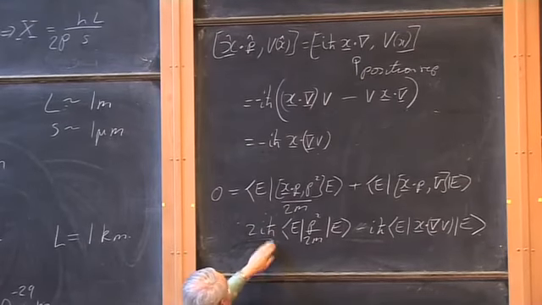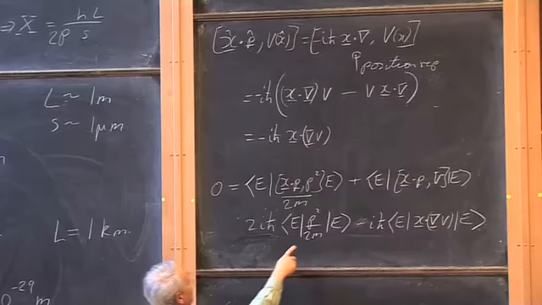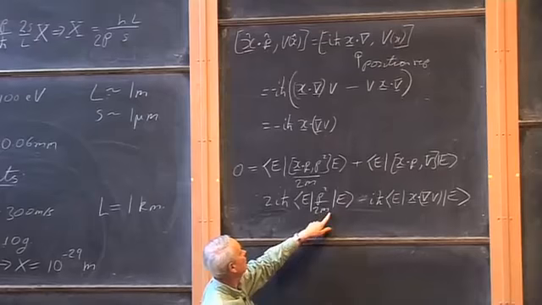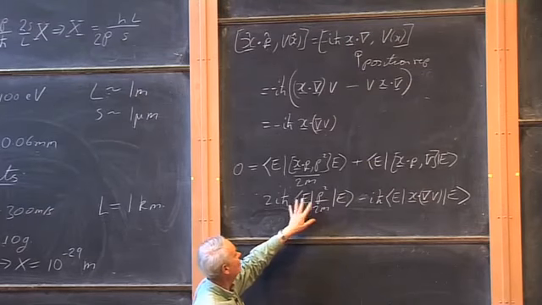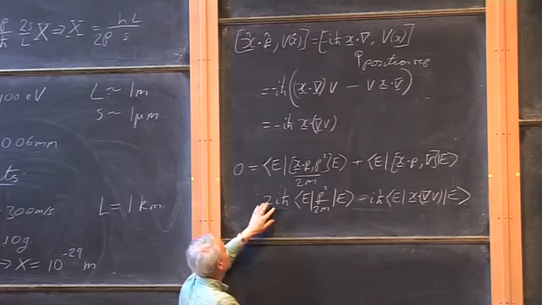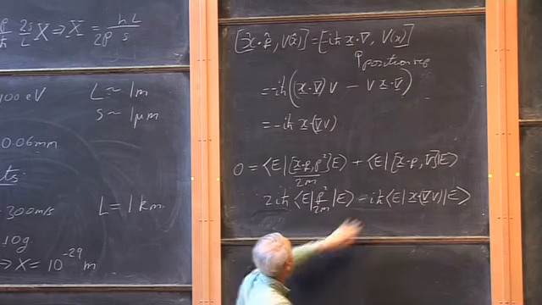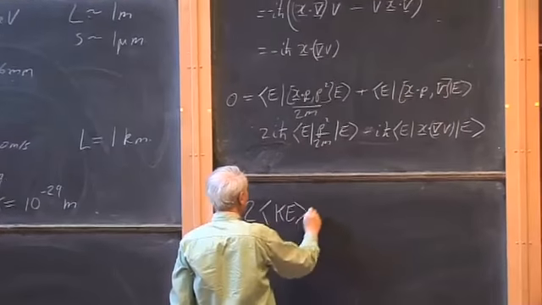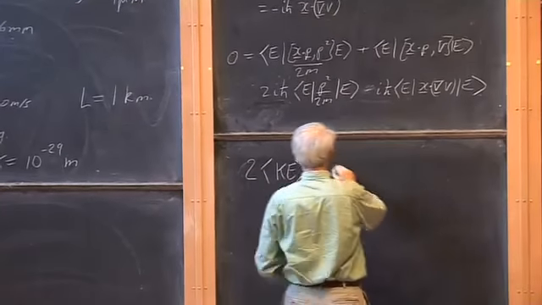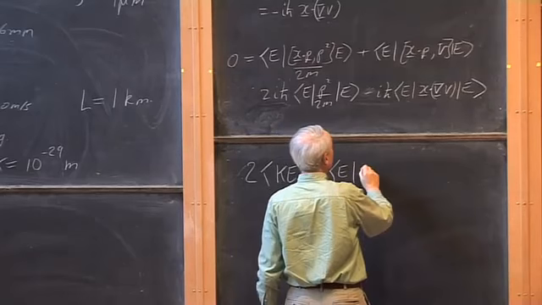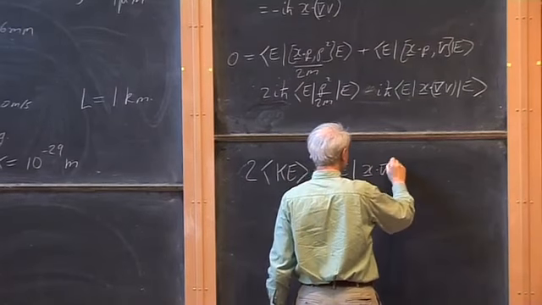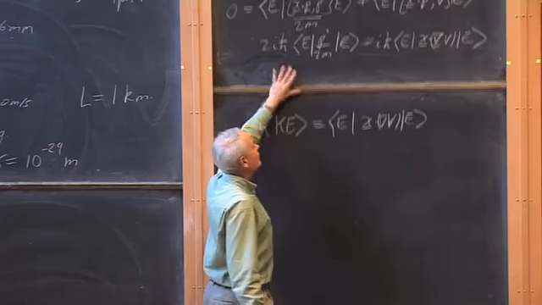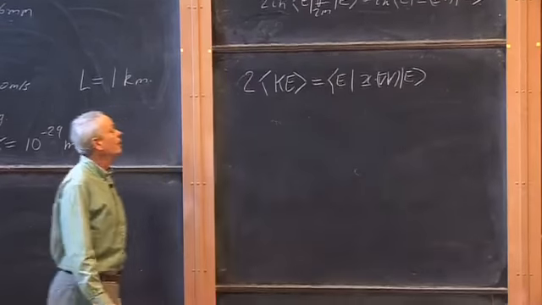So we want to cancel what this is: the expectation value of the kinetic energy, clearly. p squared over 2m is the kinetic energy, and this is the expectation value of it. Cancelling the iħ, we can say that 2 times the expectation value of the kinetic energy is equal to this stuff. That's as far as we can go in general.